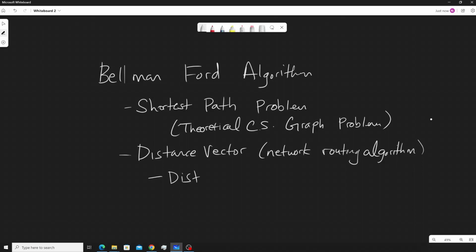In Bellman-Ford you have one central CPU who essentially enumerates all the nodes in the graph. With distance vector you have many routers, all sharing their tables with neighboring routers, so they all act independently, sharing information in order to get a view of how the entire network works. So that's one of the major differences, that distance vector is this distributed algorithm.